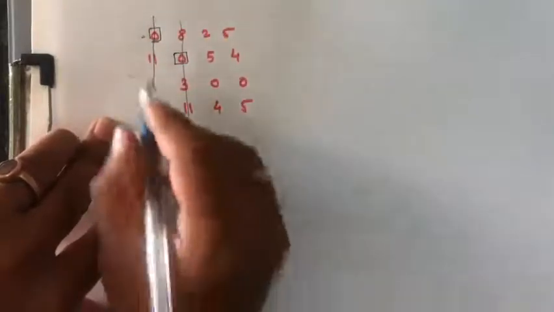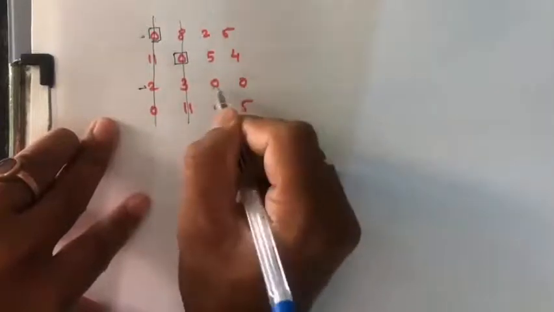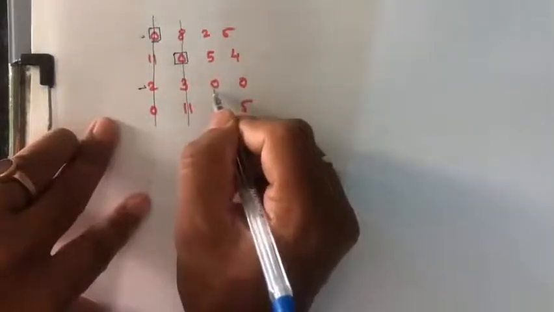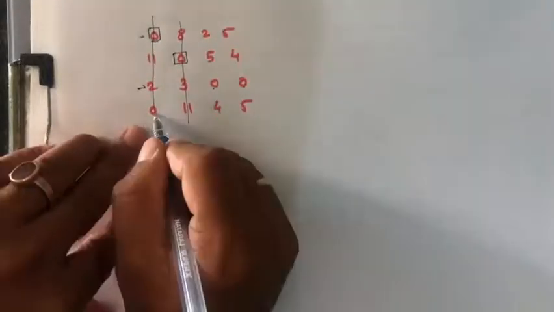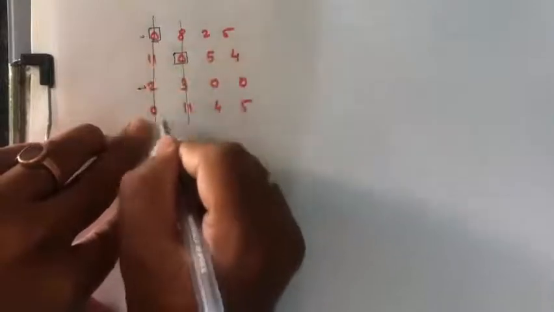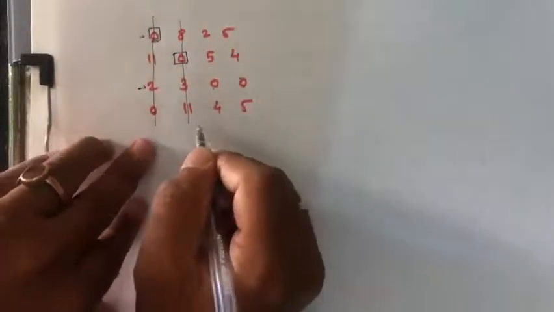Now for the third row, there are 2 zeros, so we leave that row and do not mark any line through those zeros. When we go to the last row, we have one 0, but it is already covered.